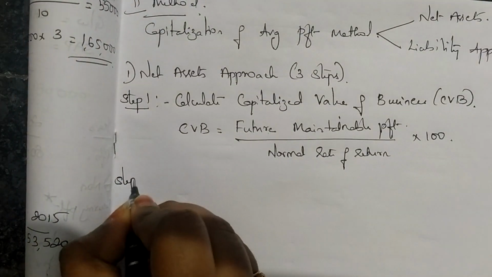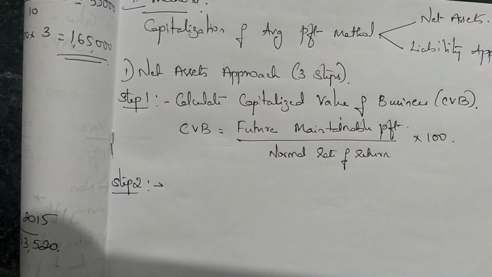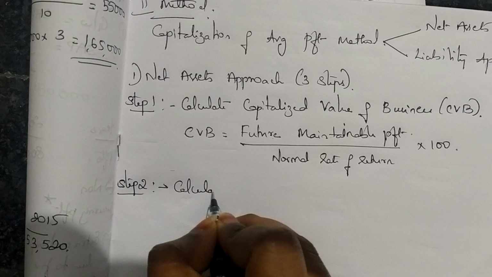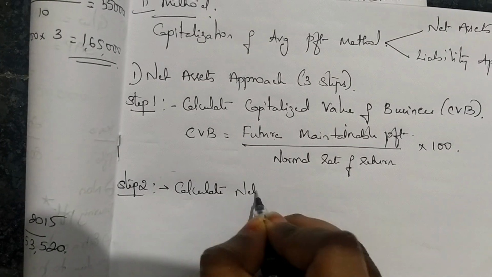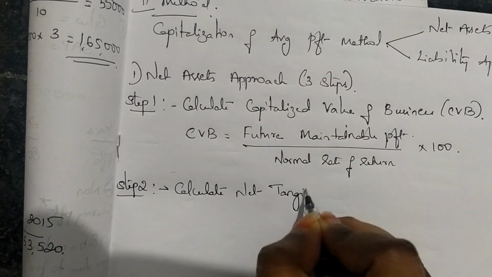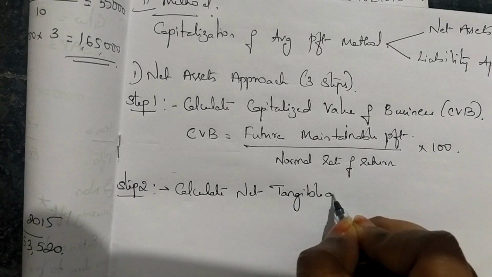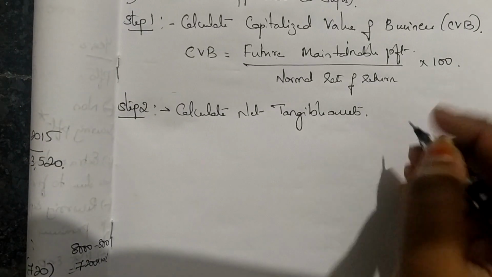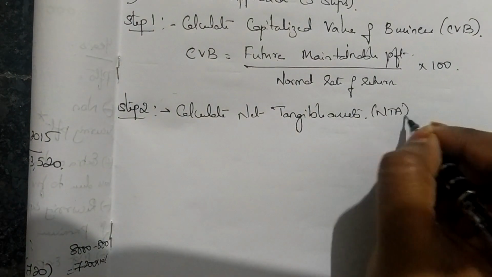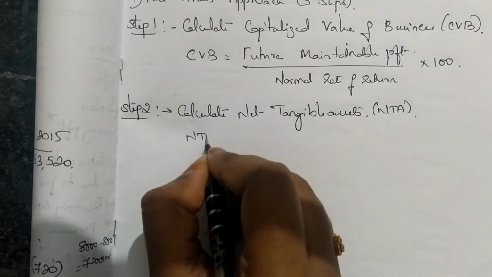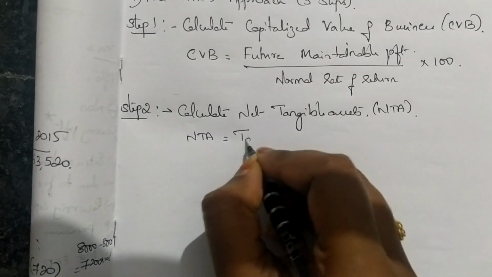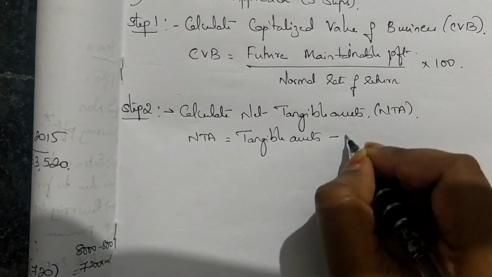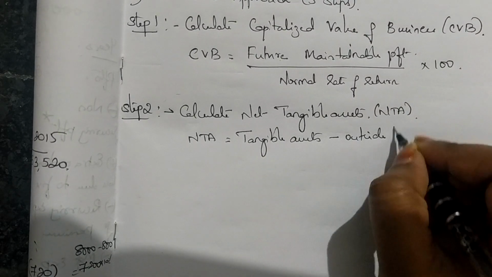Going ahead with step number 2. In step number 2, we are supposed to calculate net tangible assets. Step number 2 is the calculation of net tangible assets, which is NTA. NTA is given by the formula tangible assets minus outside liability.